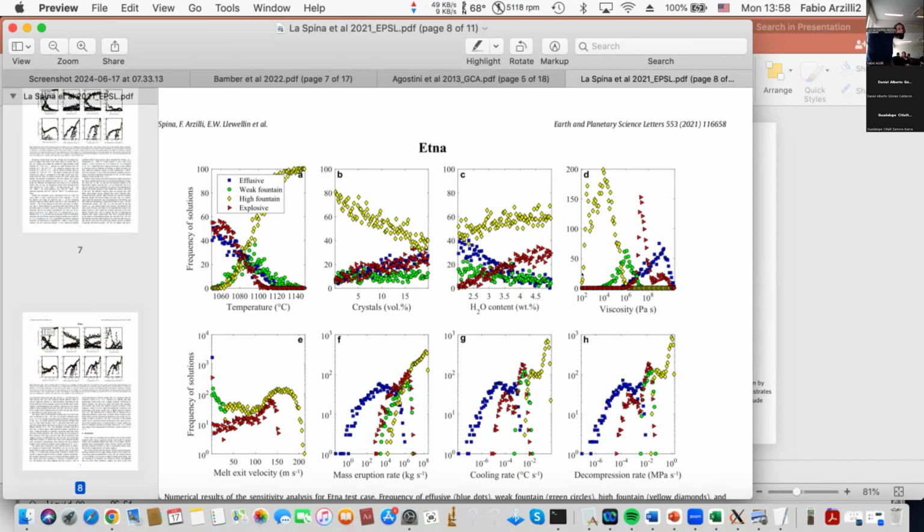You have to cross all the variables to understand this, but it's what you can get. Of course, this is an advanced model. But MELTS at least gives you a picture of the equilibrium.